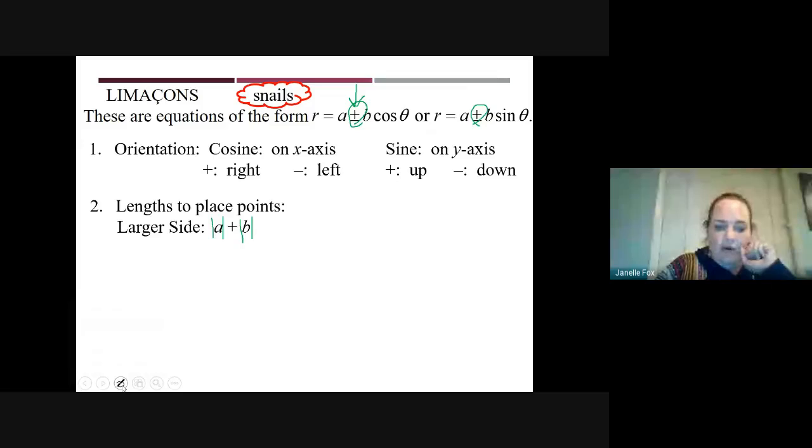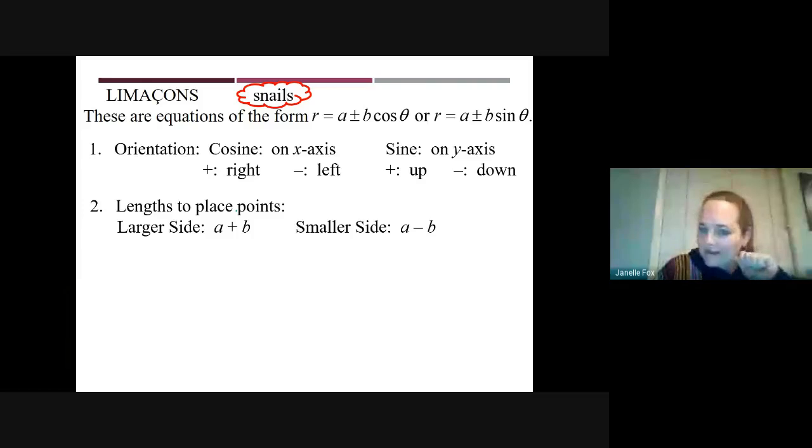You're just adding what the A and the B are. So you're going to add for the larger part. You're going to subtract them, A minus B, for the smaller side. And then those bumps, the aforementioned bumps, are going to be at the A value. The A value is the guy in the front. So now this brings us to what kinds are there.